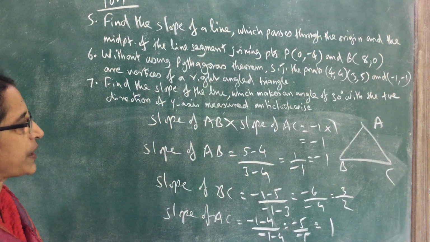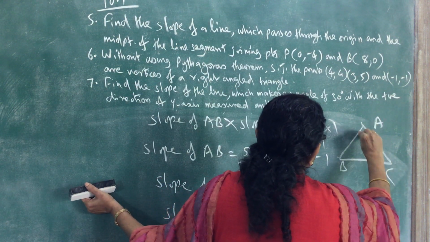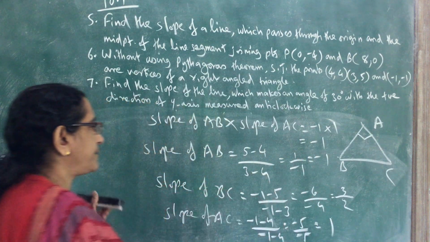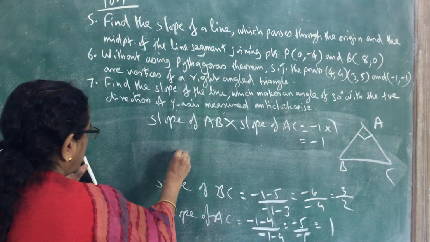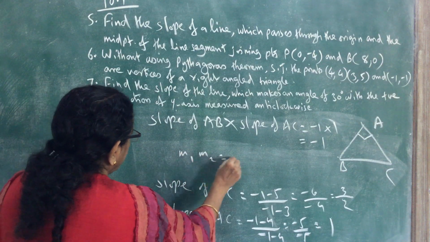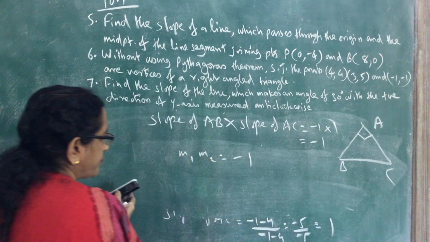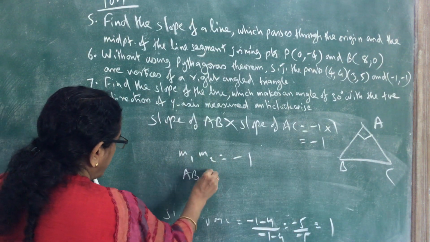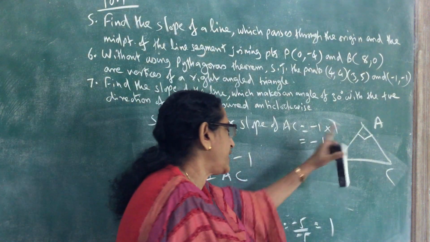So AB is perpendicular to AC. Therefore this angle A will be 90 degree. So m1 into m2 equal to minus 1. Therefore AB is perpendicular to AC.